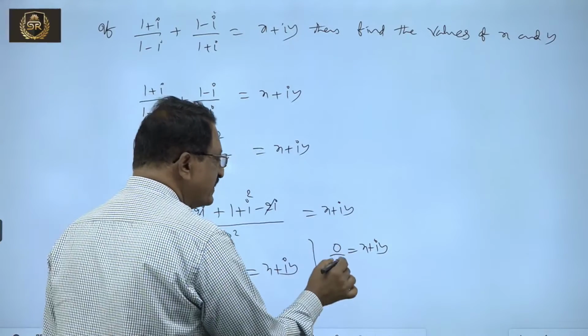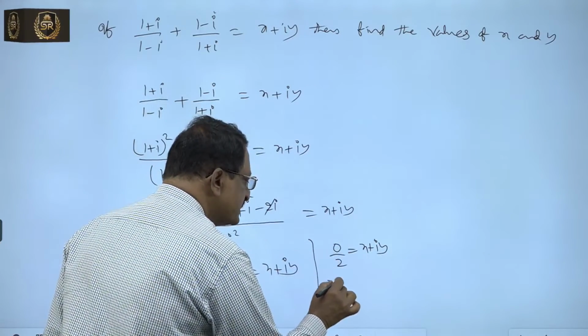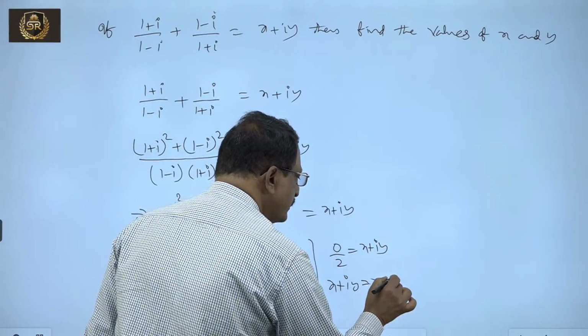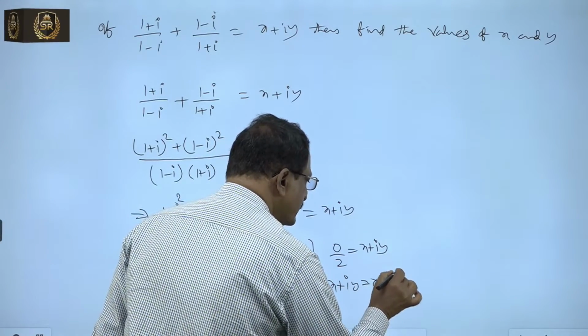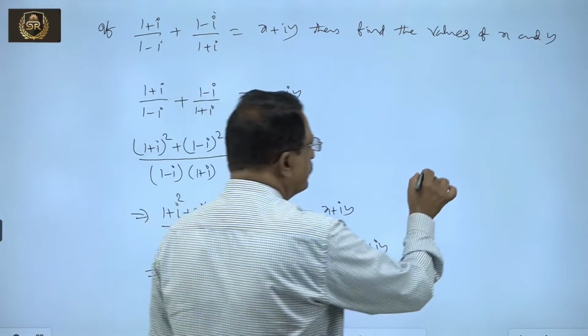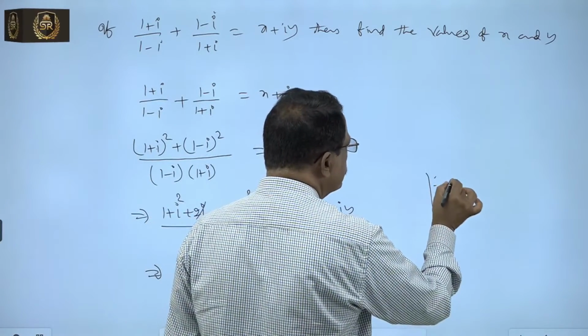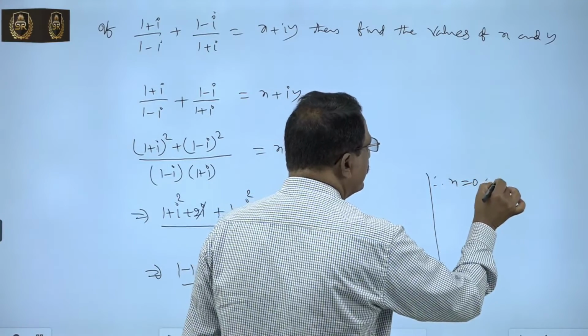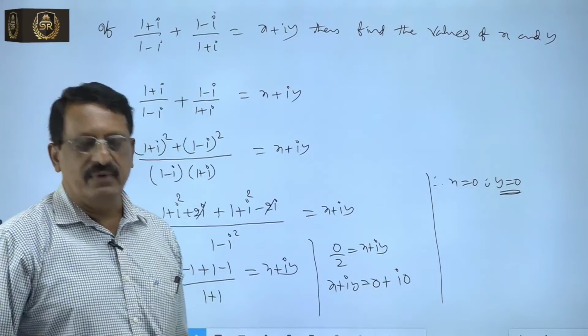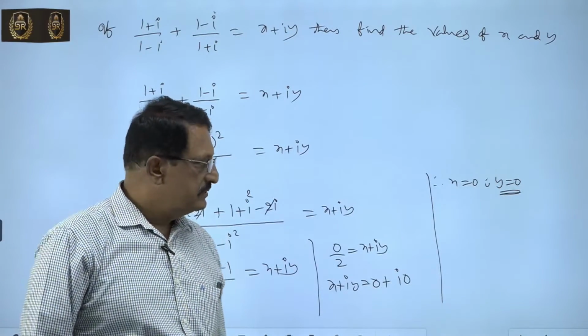Therefore 0 by something equals 0. X plus iy equals 0, that is 0 plus i into 0. Now equate real and imaginary parts. Therefore x equals 0 and y also equals 0.